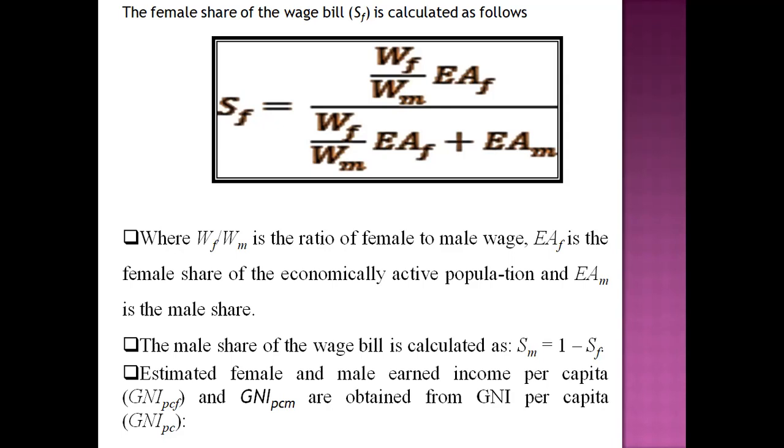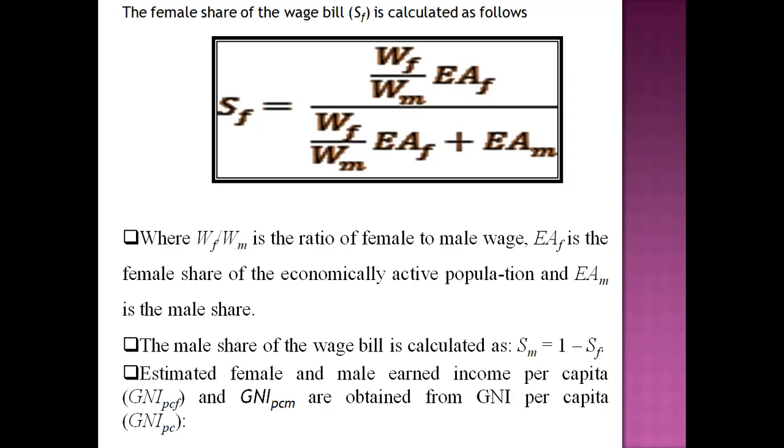So the male share of wage bill is calculated as SM equals 1 minus SF. So first of all, we should try to find out the SF, the female share of wage bill, and then we can easily calculate the male share of wage bill.